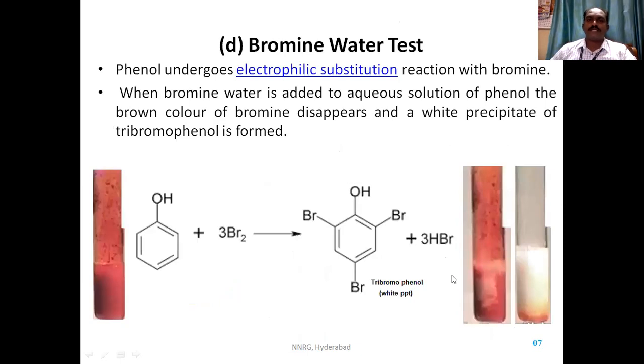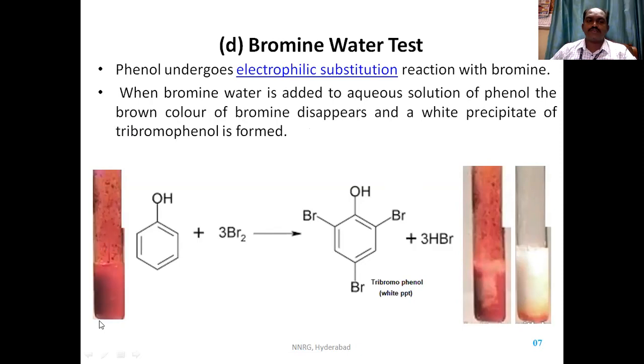Next test is the bromine water test. Phenols undergo electrophilic substitution reaction, which is a characteristic reaction of phenols or benzene derivatives. When bromine water is added to the aqueous solution of phenol, it gives the brown color of bromine. The brown color of bromine disappears slowly.